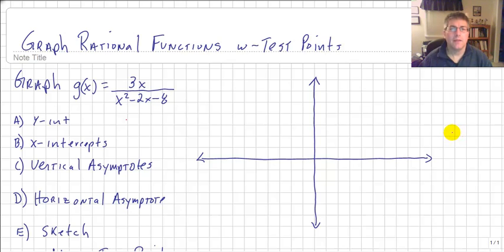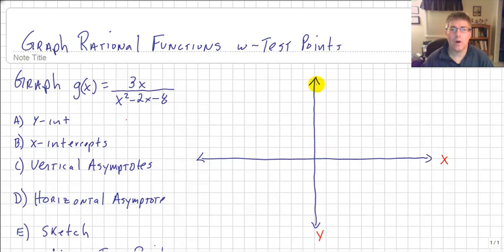Welcome back. In this video, we are going to graph rational functions, but in these particular functions, we are going to end up having to use test points. So it's going to be important for us to understand that when we are working with y's above the x-axis, that's our x-axis and our y-axis, outputs that are positive are above the x-axis.